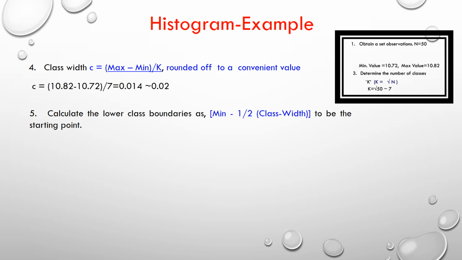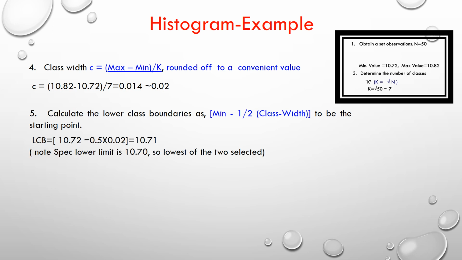Then calculate the lower class boundary value. As per the formula, the minimum value in the data set is subtracted by half of the class width. So LCB is equal to 10.71. Note here, always take the lowest value between the specified lower limit value 10.70 and the lower class boundary value 10.71.